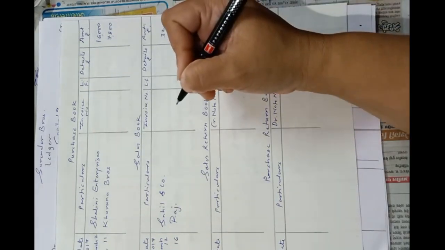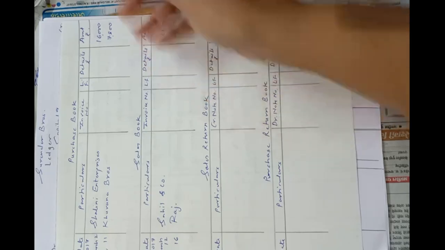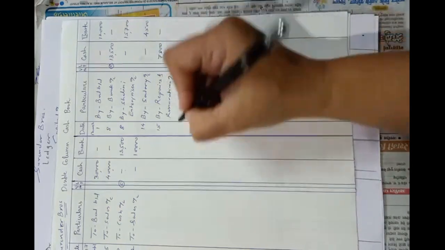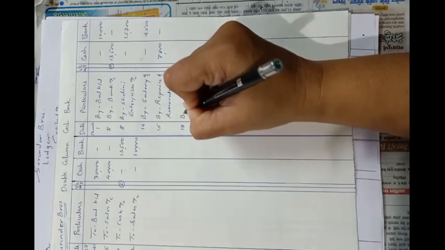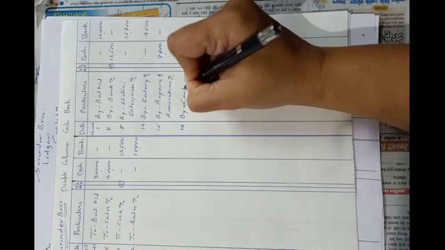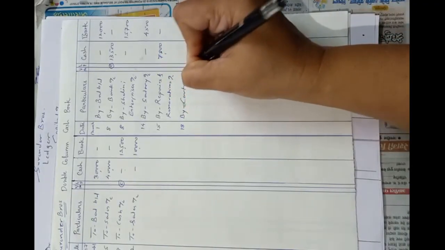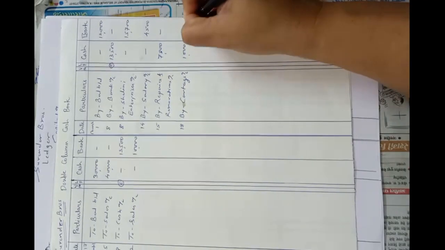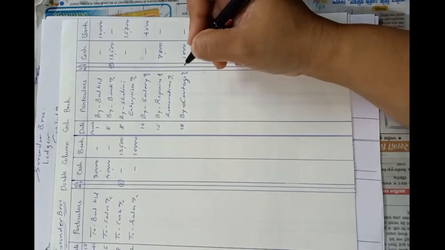Okay, now next entry, 18th March, paid cartage rupees 1,000. So in the cash book on the payment side on 18th March, by cartage account, and the amount rupees 1,000 in the cash column, dash in the bank column.